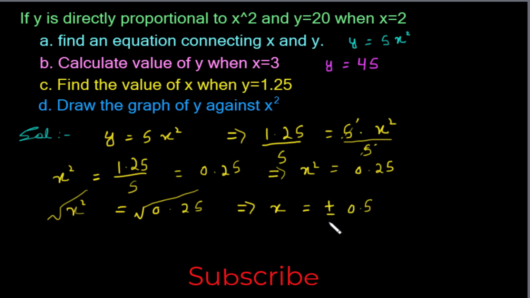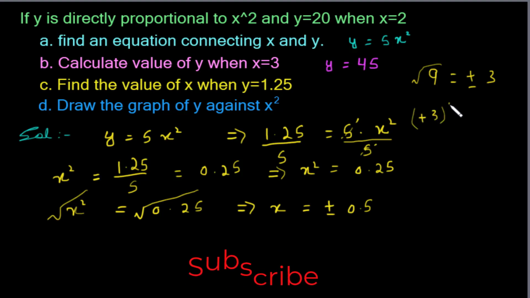One bonus point here, let me include that one. Why, when we just calculate this square root, do we mention this plus and minus? If you know the answer, I would like you to write the reason in the comment section, or let me tell you. As we know, when I take the square root of 9, I will come up with plus minus 3. Why? Because if I take plus 3 and square it, which is the reverse of the square root, it will give me 9.